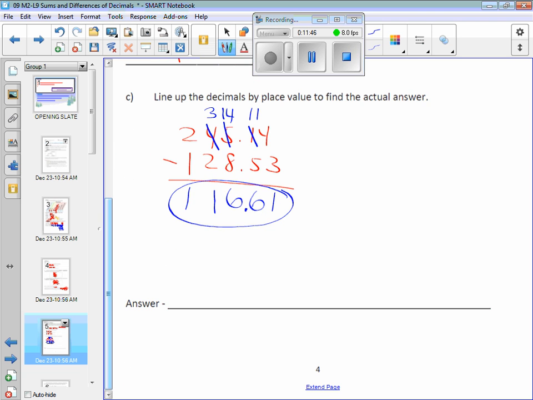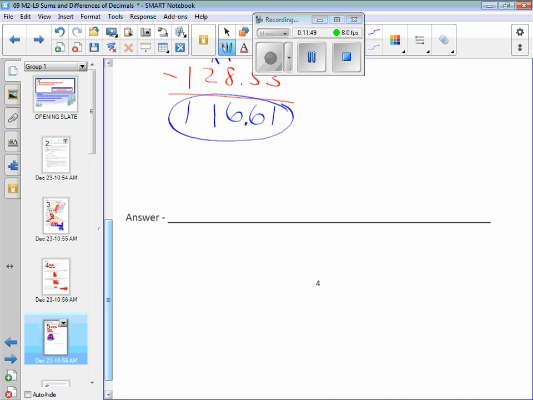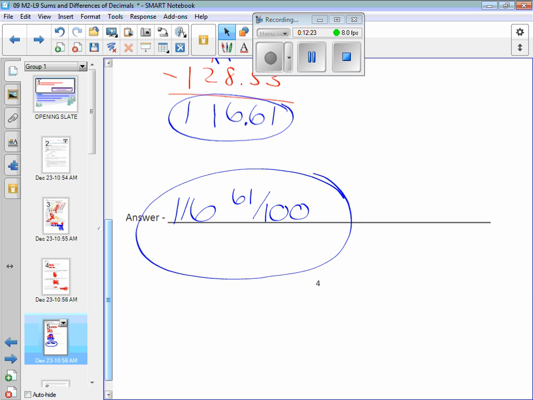Let me just extend this so everybody can see. Okay. No, oh, you're on your decimal. You're changing it back into a fraction. No decimal. You've got to change your 0.61 into a fraction. There we go. Circle it, star it. You got it. How many of you got it right?